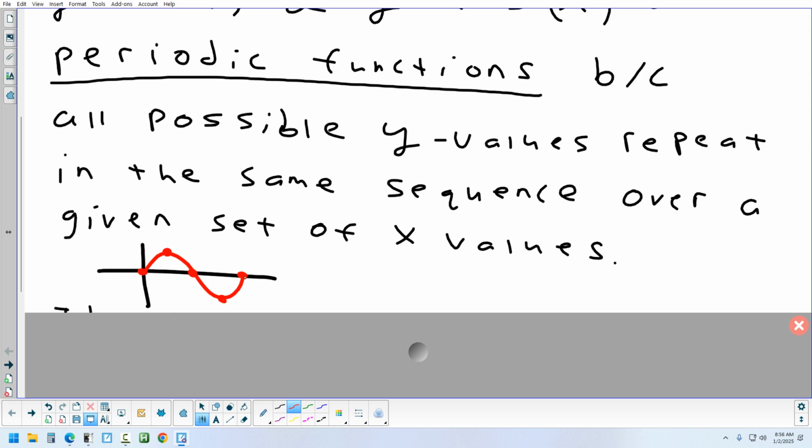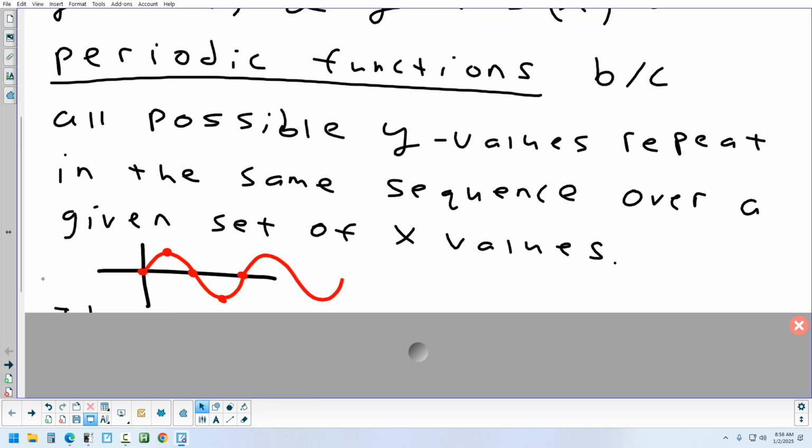And you're going to keep seeing that section repeated over and over. 0, 1, 0, -1, 0. Those are the y values that repeat. I can just keep pasting that section forever, and you're going to keep getting those same y values.